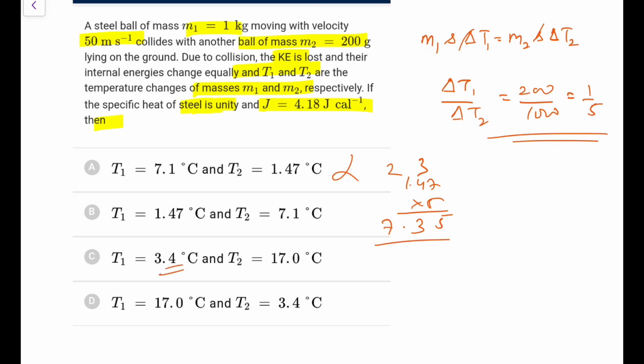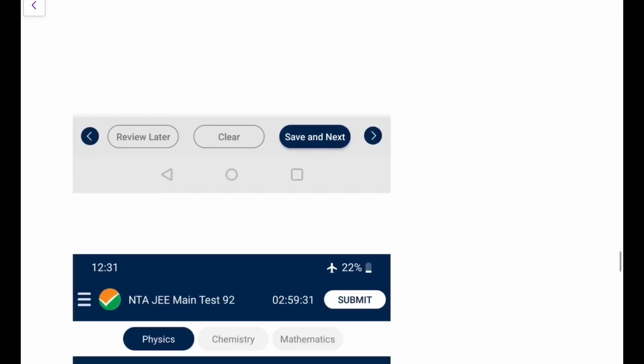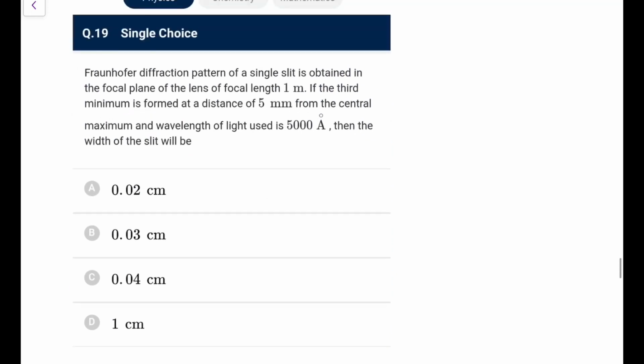Here what I can do, 3.4 into 5, that is 17, so I can go only by this logic, nothing else. I have tried by this, otherwise I don't think the language is that appropriate, but still I can find the answer.